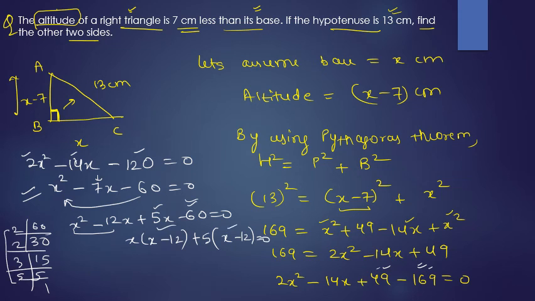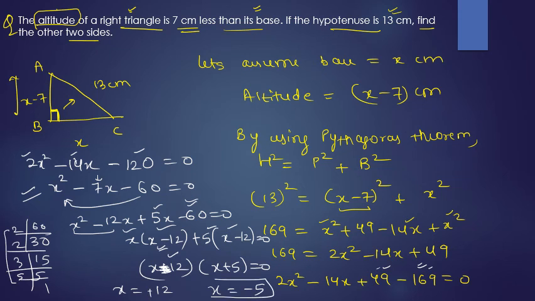So x minus 12 can be taken as common, and then x plus 5 is here. Now one time you can substitute x minus 12 as 0, which will give you x equal to 12, and x plus 5 as 0 gives x as minus 5. So this will give you plus 12 and this will give you minus 5, correct?